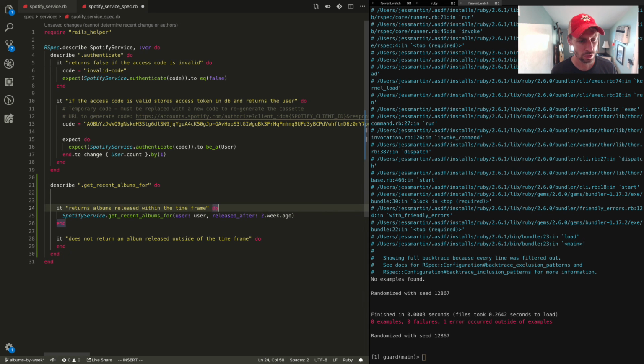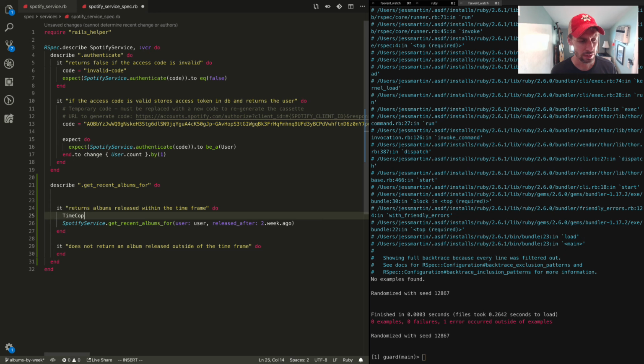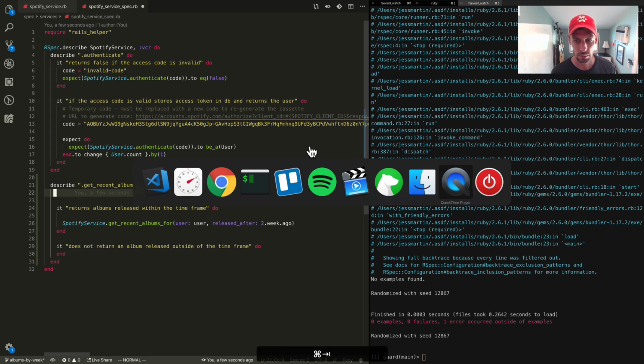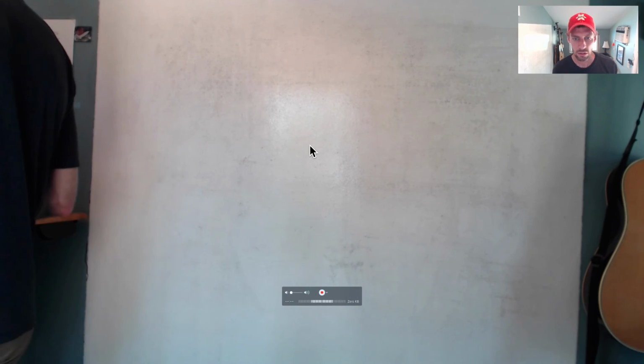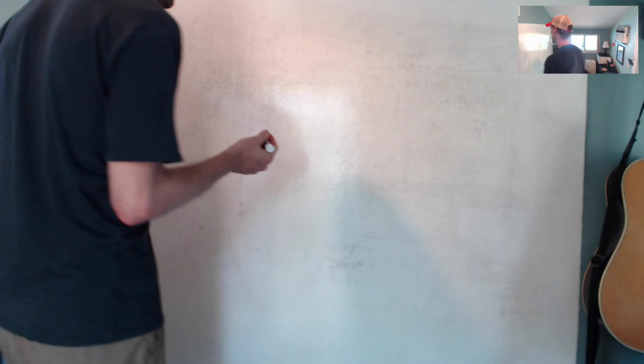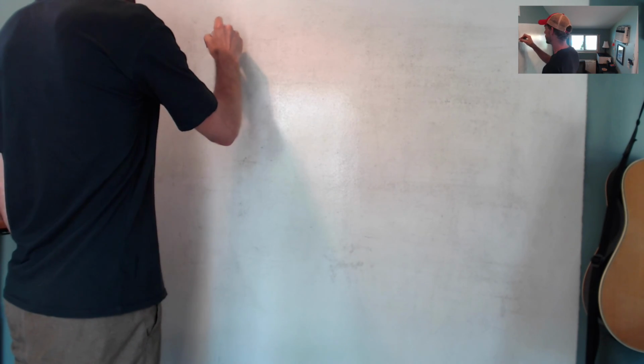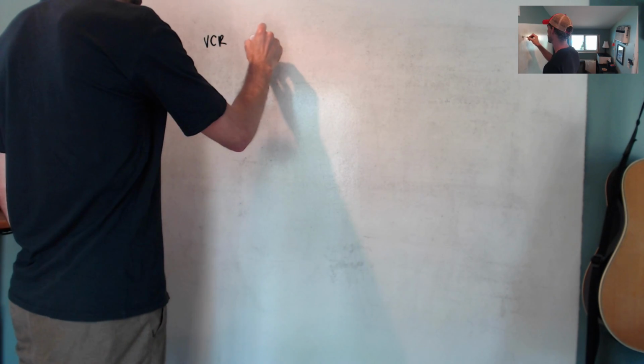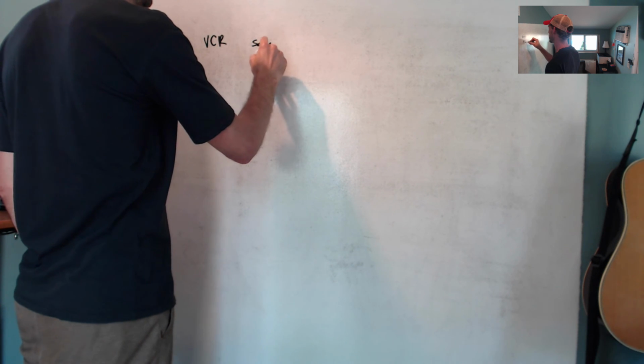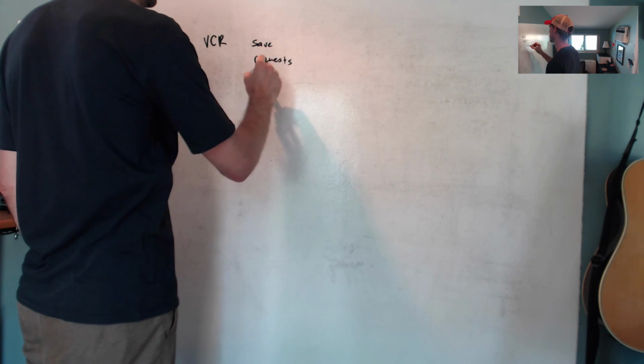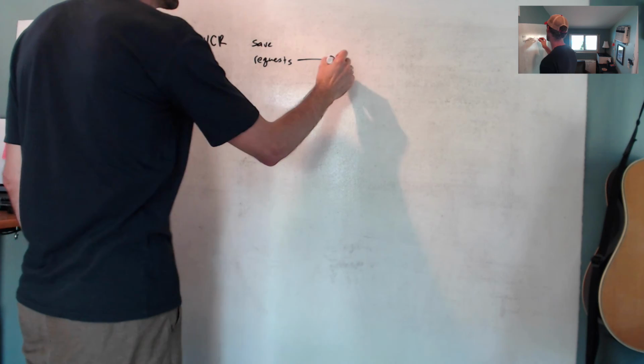We're also going to want to use Timecop here because effectively our request is going to be frozen in time to this exact moment. Now, I don't know if that makes sense to you guys why that is the case, but maybe I can explain. Okay, so the way this is going to work is VCR is going to save requests going out to the Spotify API.